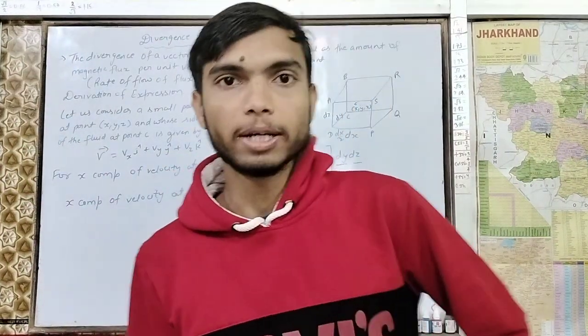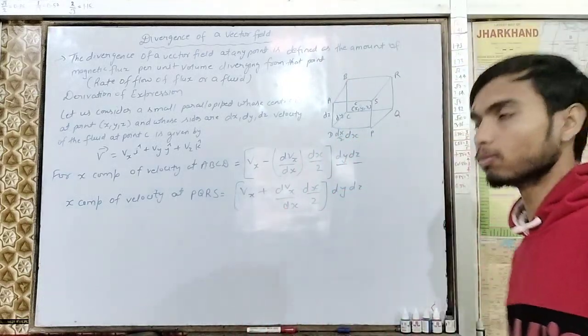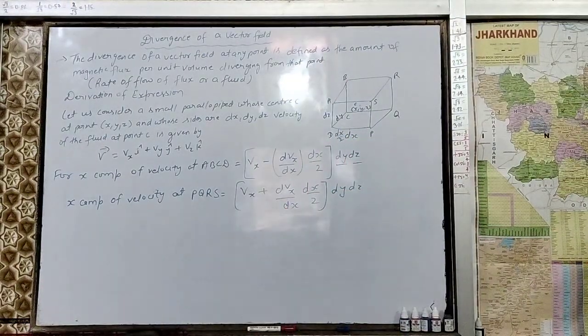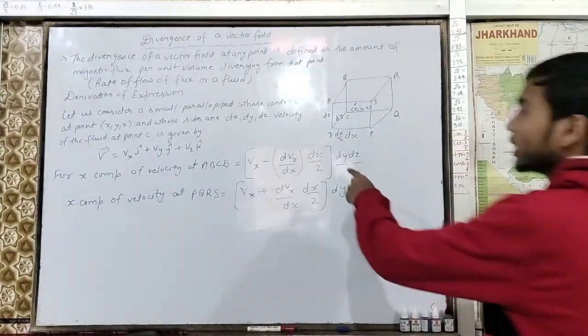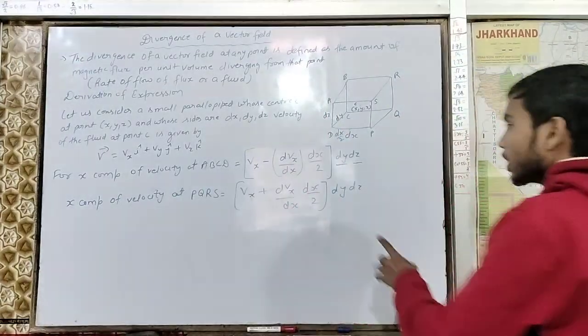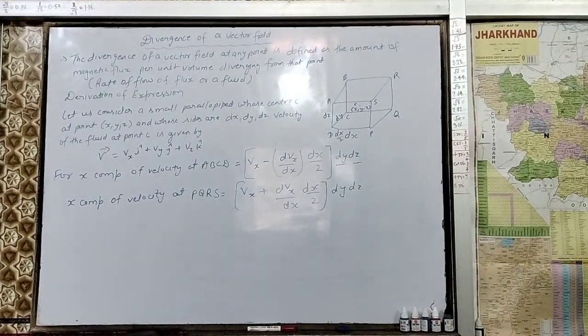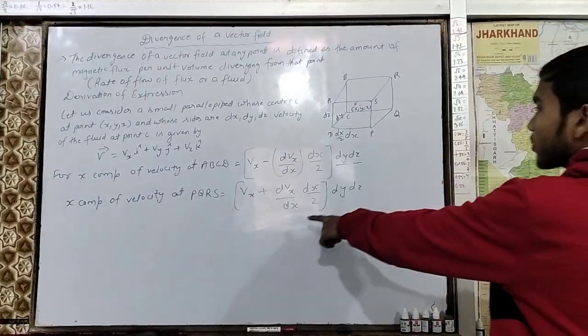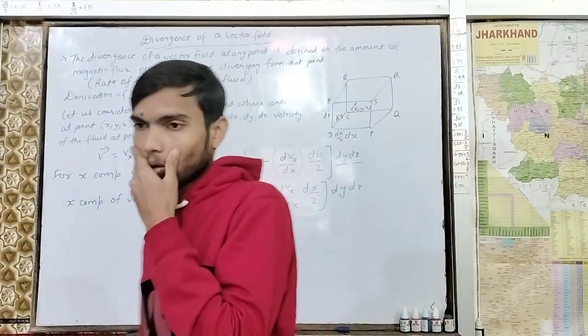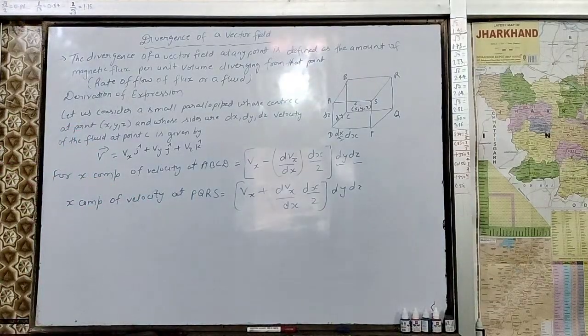Net flux means how much fluid was in the volume when the velocity was entering with this much velocity, when the fluid was leaving from this surface with this much velocity. So at that point, how much fluid was present in the volume?